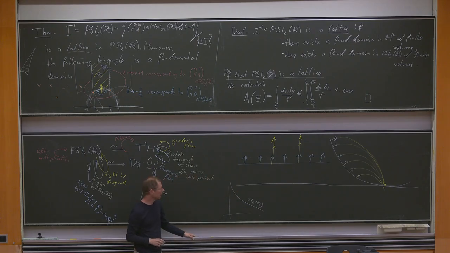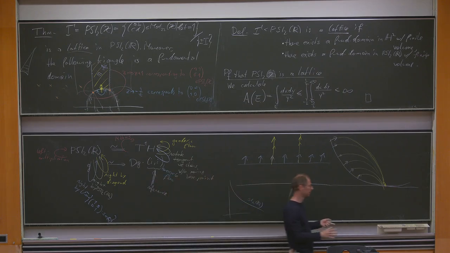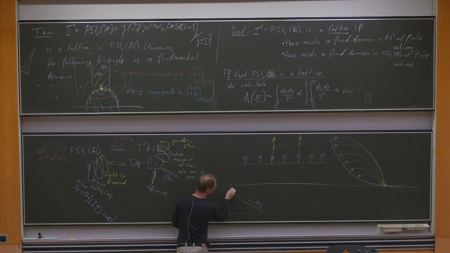And if you have one way of presenting a group as some hypersurface inside a vector space, then it's actually often quite easy to define the Haar measure. I'll just give you the picture. So you want to define a measure on subsets in SL2R.